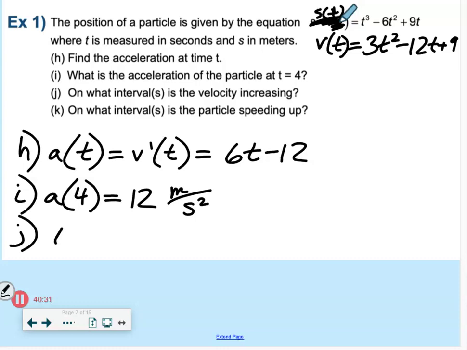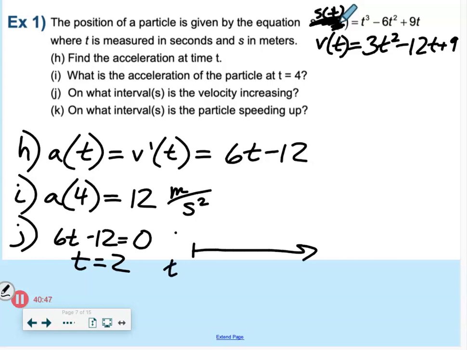We need to find our critical numbers. What's the only critical number? 2. All right, so make a sign line for acceleration with 0 and 2.